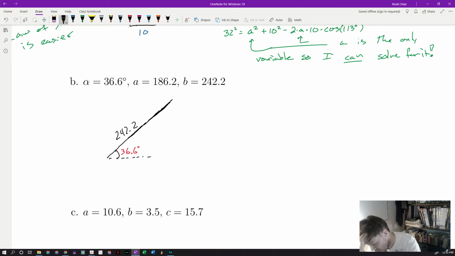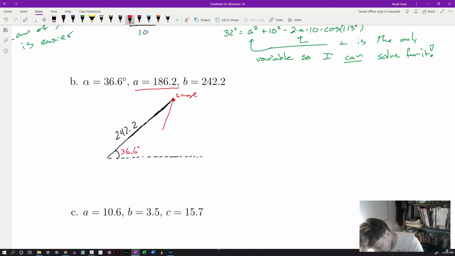And so it's nice drawing these pictures. Now imagine you had a compass, and you stretched the compass out to be 186.2, and you put the sharp point right there at the top on that hinge. And then you drew a circle and you saw where it connected with the bottom line.